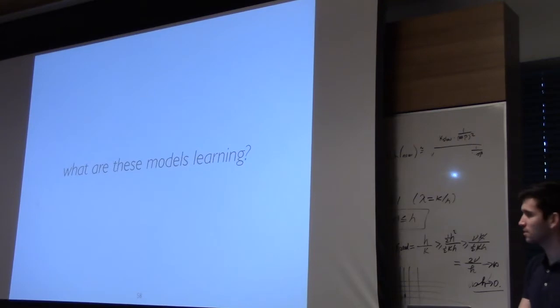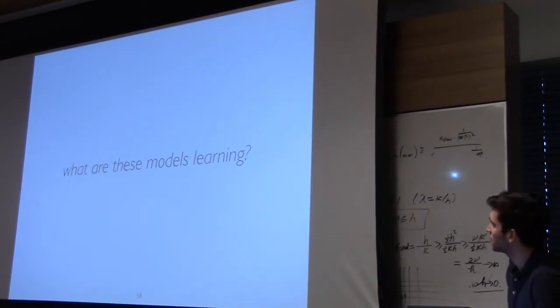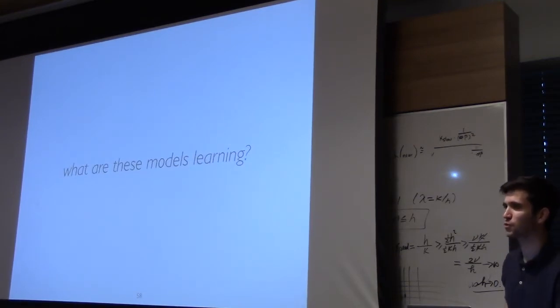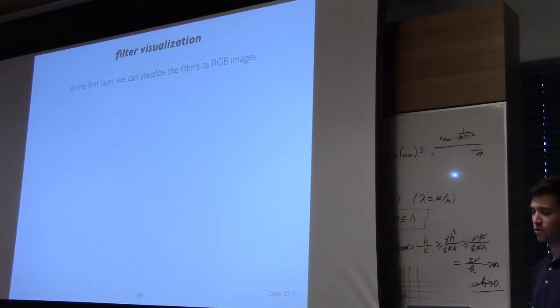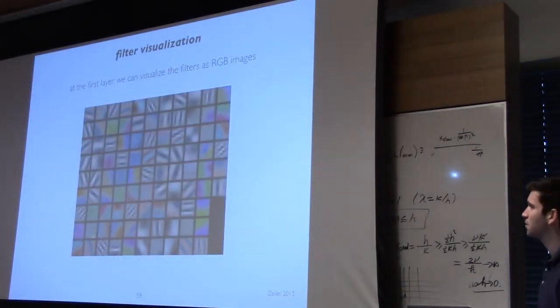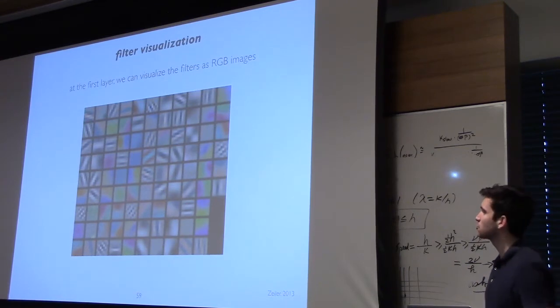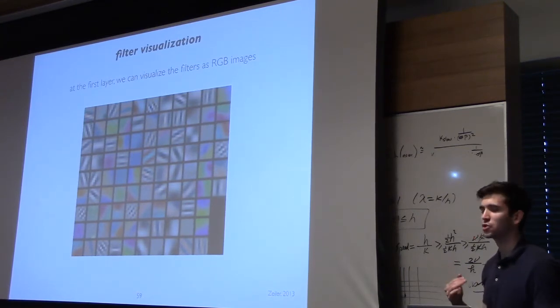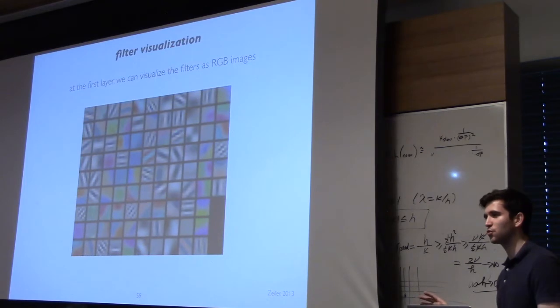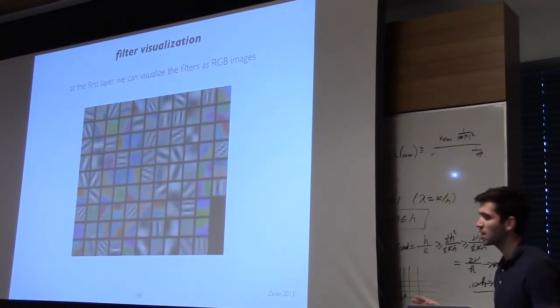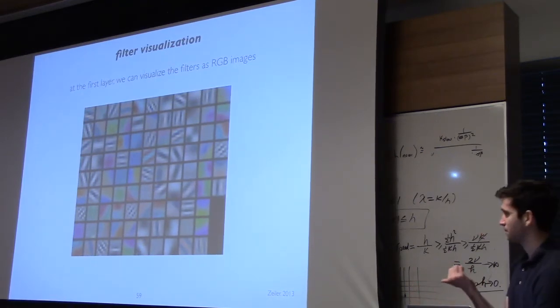And so another important question you might have is, what actually are these models learning? So at the first layer, these filters are actually operating on the image space. They're working in RGB images. So you can actually go in and just directly visualize what the filter is, just visualize it as an image. And what do you see here?